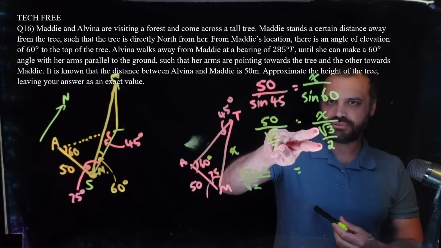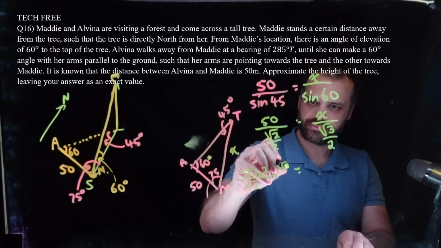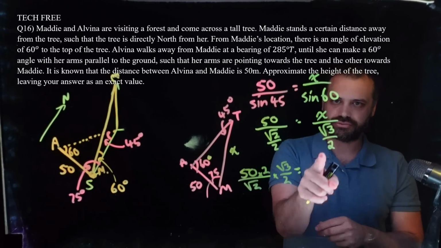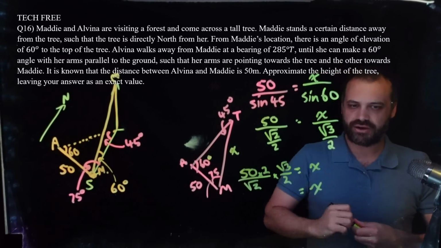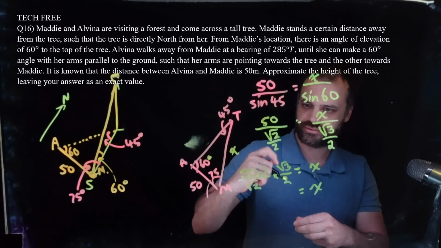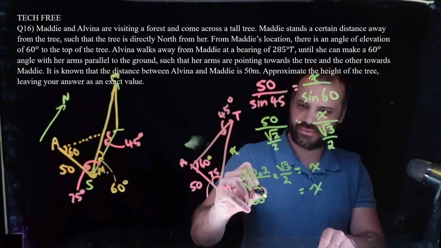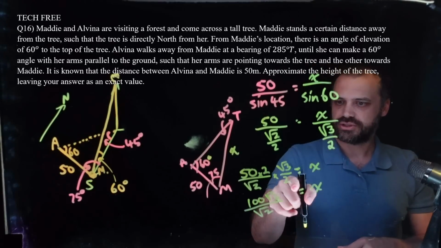And then if I multiply both sides by root 3 on 2, that means that we get rid of that horrible root 3 on 2 from this side. And so now we know that x is equal to 100 times root 3 over root 2 times 2.